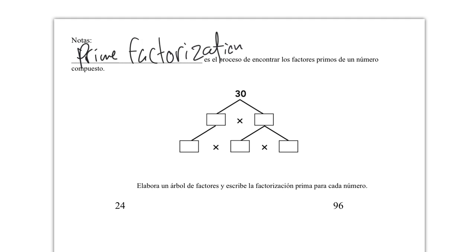It says 30, and we're trying to figure out what numbers make up this 30. So kind of what we were looking at before, what expressions give us 30. I don't want to do 30 times 1 because it's just going to have to split into 2 again, right? So how about I do 2 times 15.